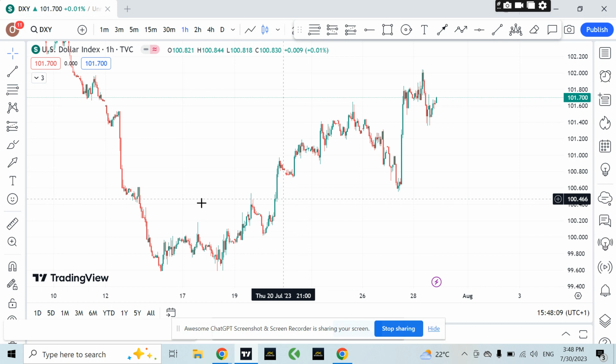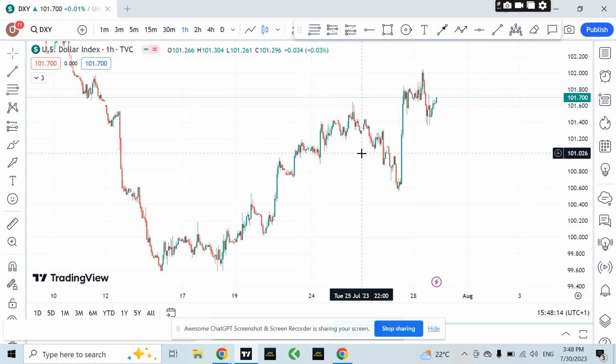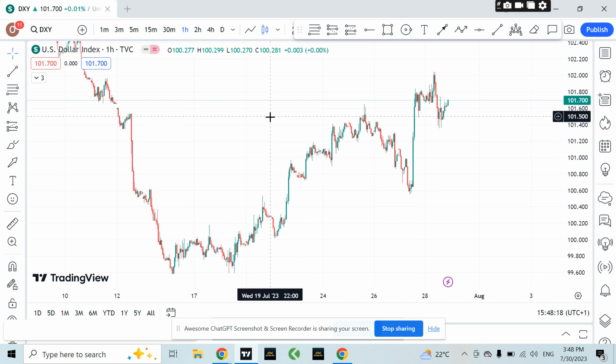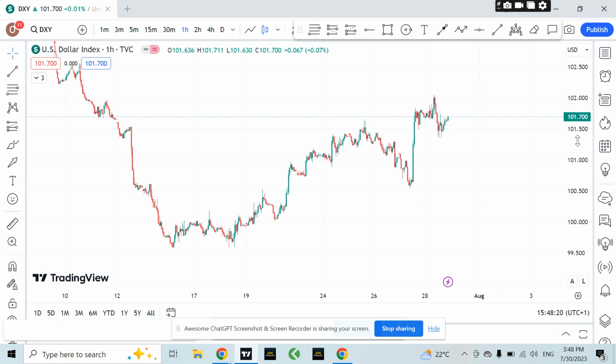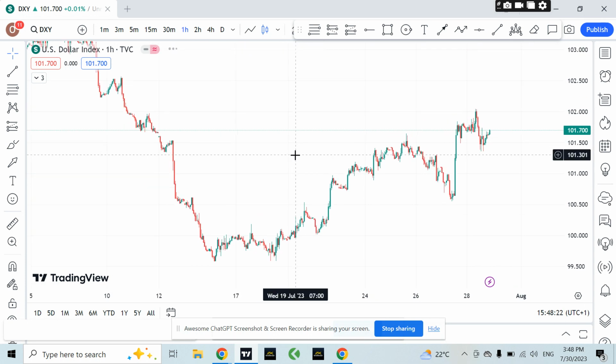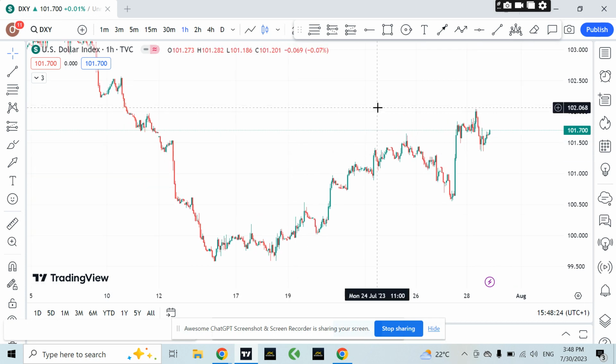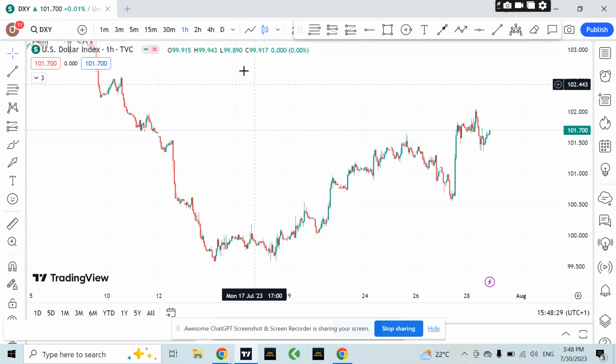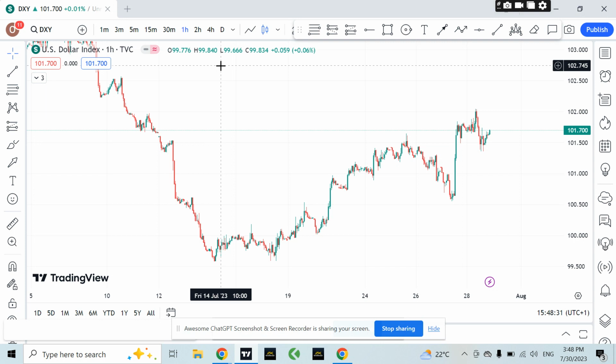So you start from the daily time frame, because most of us are day traders. You can as well start from the monthly or weekly, but as a day trader, starting from the daily time frame is actually good for you.